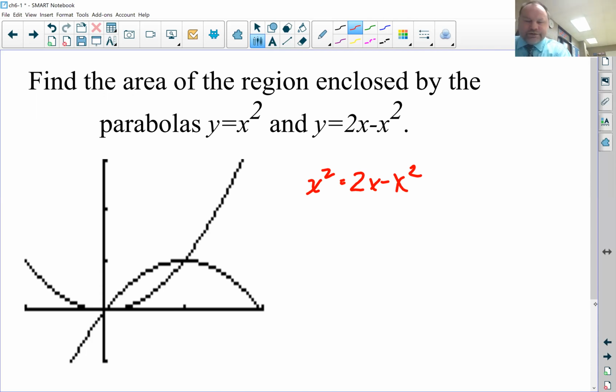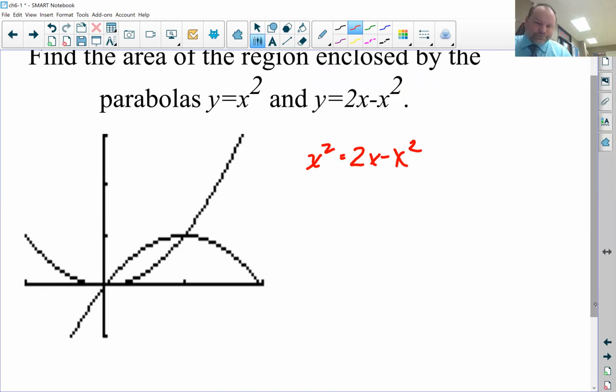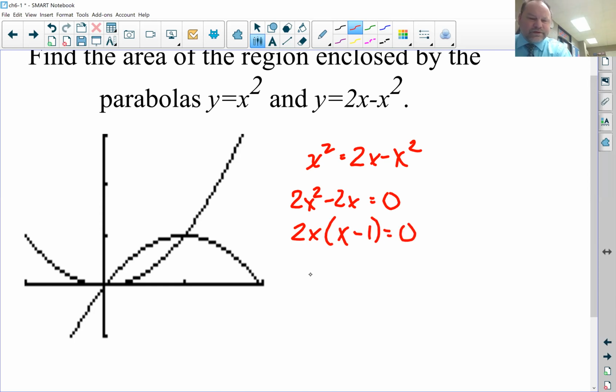And then solve. So I'm going to solve by moving everything over to the left-hand side. And then set each factor equal to 0.